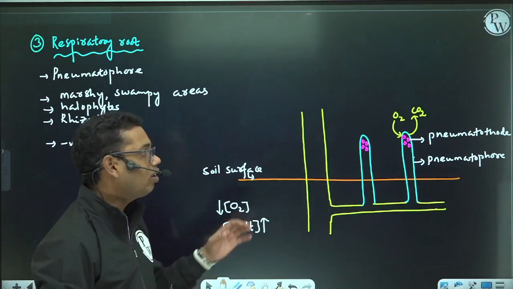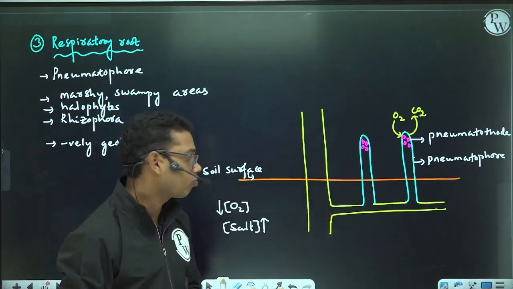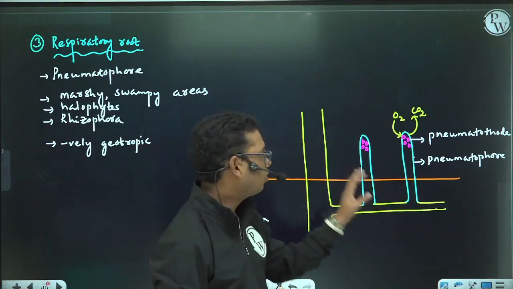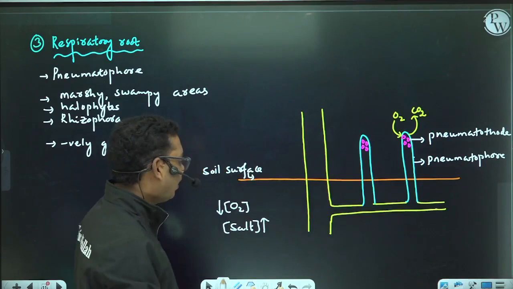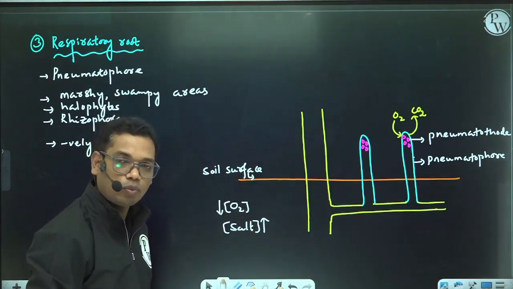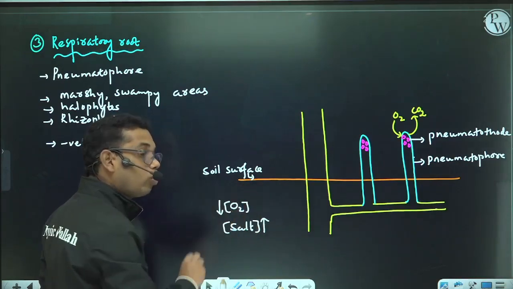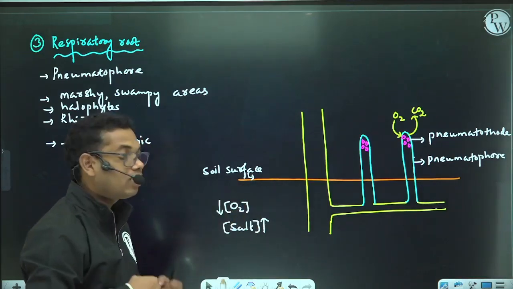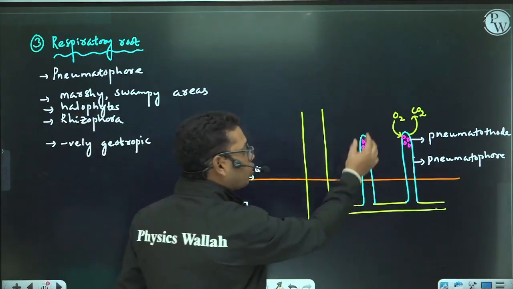Why does the root have to grow in an upward direction? Let me explain. Suppose this is the soil, this is the stem, and this is the root part. In this soil the concentration of oxygen is very, very low. Because the concentration of oxygen inside the soil is very low, to get sufficient oxygen, the pneumatophores will develop.